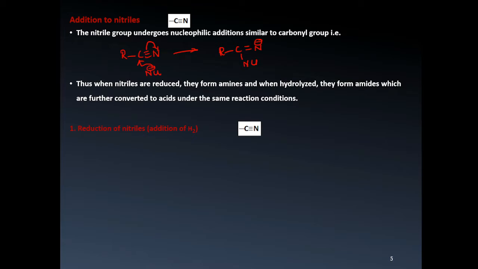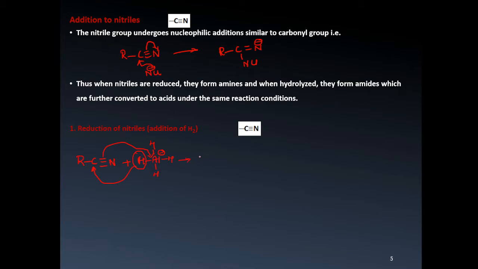First one, reduction of nitriles, that is the addition of H2. First we'll take nitrile plus lithium aluminium hydride, this H will come and attach here. This bond is attached to aluminium.